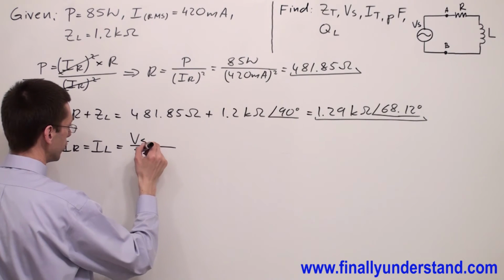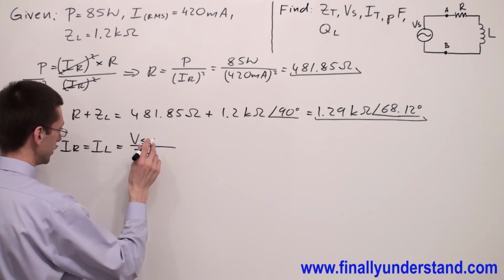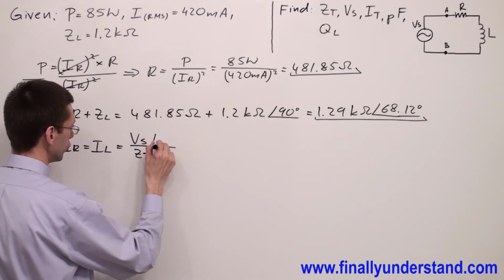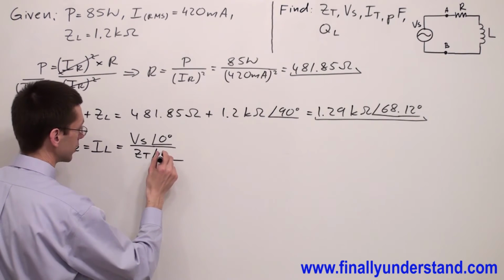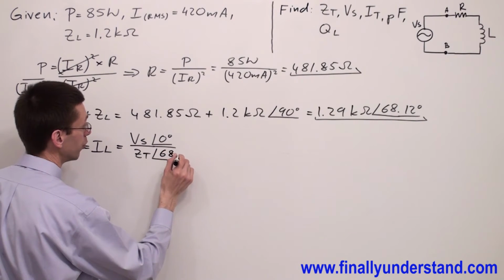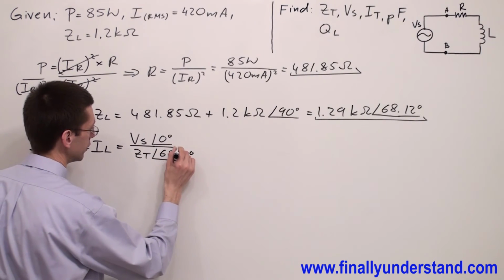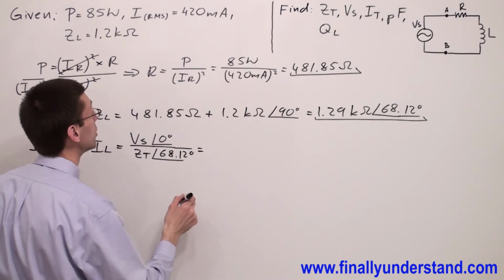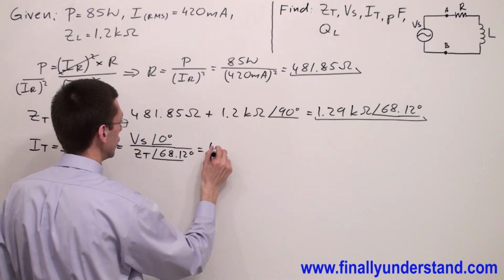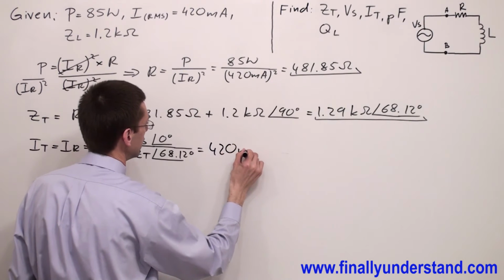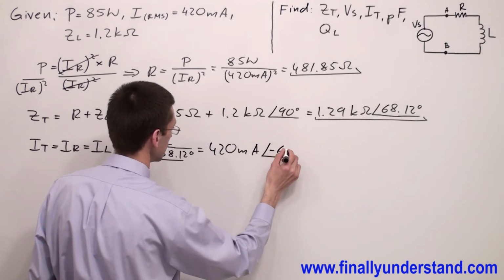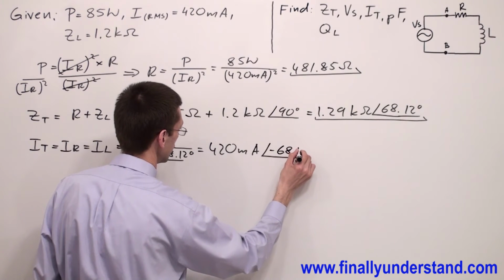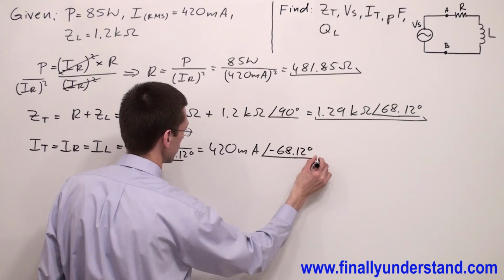As I said before, we are going to assume at this level that the voltage source always has angle 0 degrees. And Z total has angle 68.12 degrees. So this is equal to magnitude 420 milliamps and angle of negative 68.12 degrees.